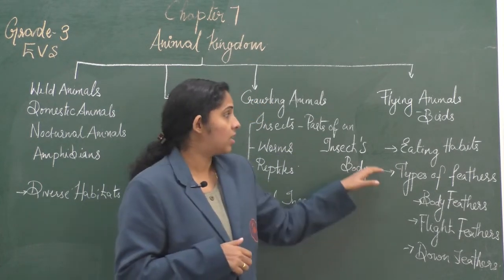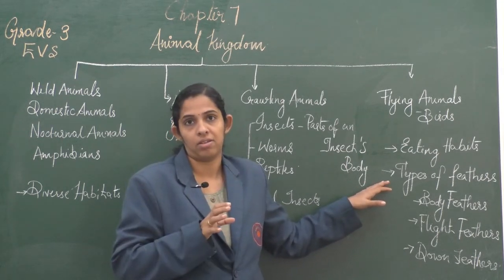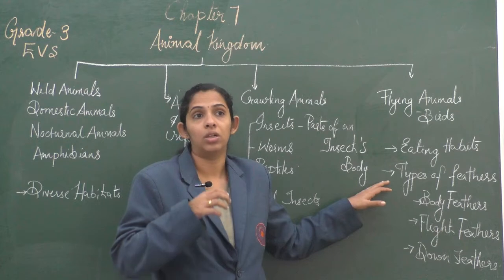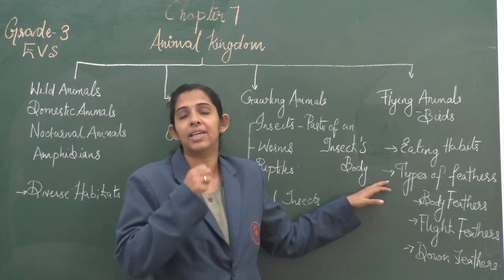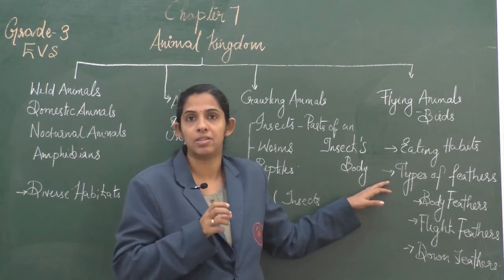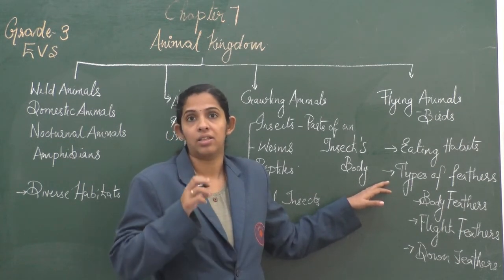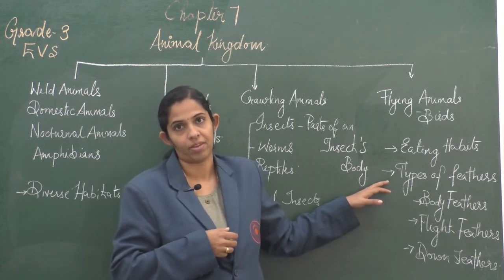We have seen the shape of their beak or claws are different. So it will help them to carry out different purposes like building their nest or feeding. So according to their feeding habits or building their nests, the shapes of the beaks of these birds are different.